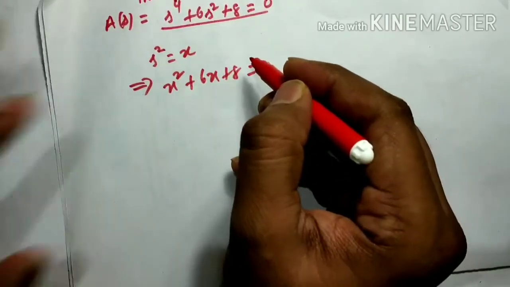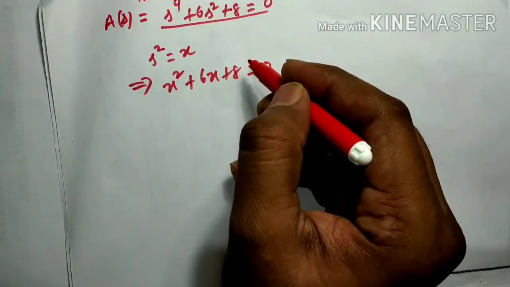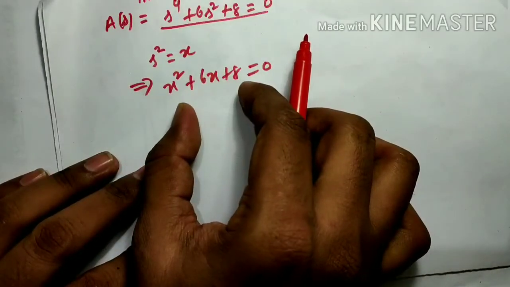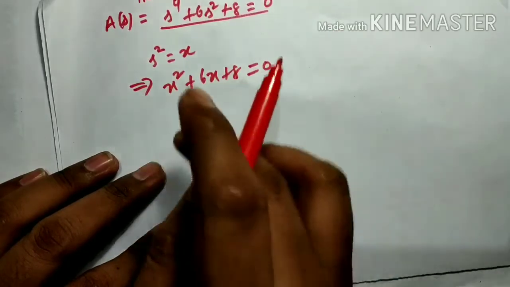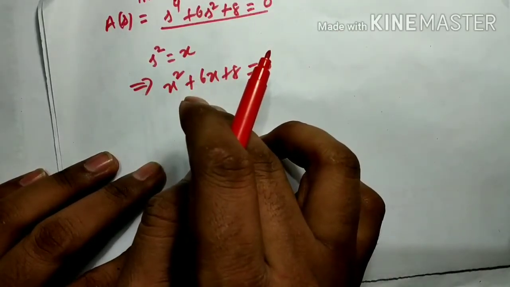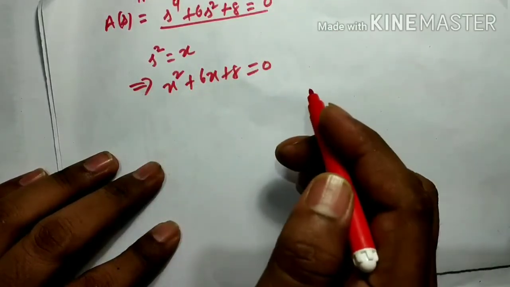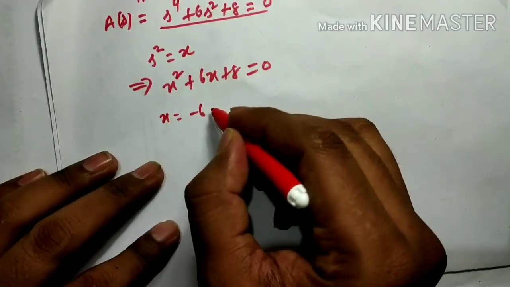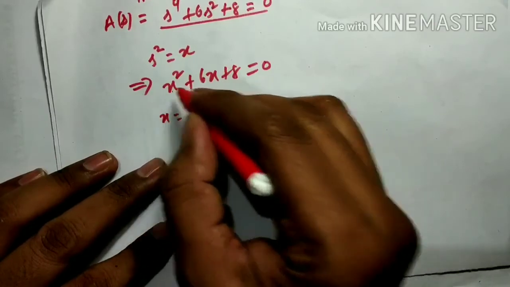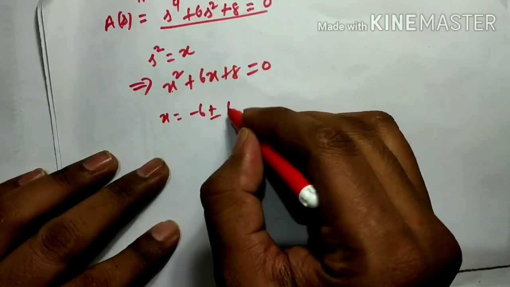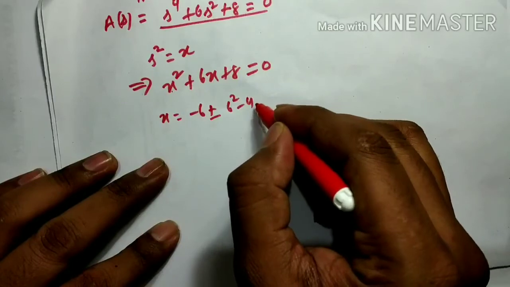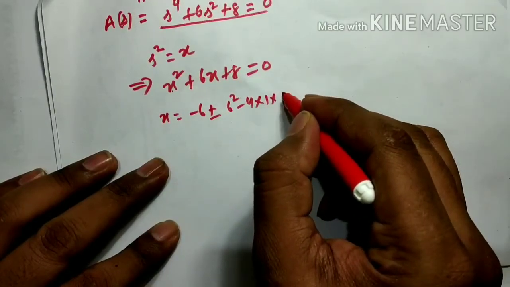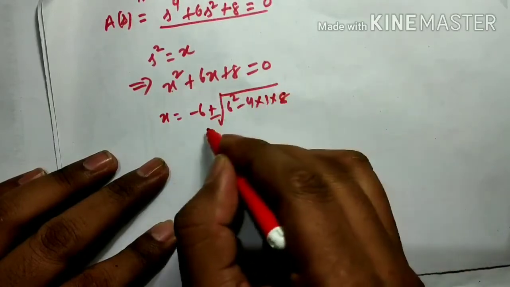So what are the roots for this? It is very difficult to find by factors, so we apply the quadratic formula. x is equal to minus 6 plus or minus the square root of 6 square minus 4ac, where a is 1 and c is 8, by 2a.